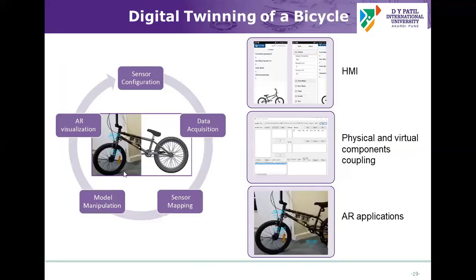These tools are configured in such a way that we have developed the model, we analyze that model, and we have the sensors for analyzing the performance of those systems. Then we configure this part and do some data acquisition. So the overall system performance or overall design of the bicycle can be analyzed virtually. Therefore we can develop this bicycle and check its performance by doing some simulations and validations.